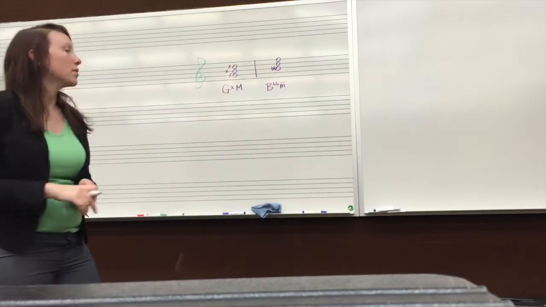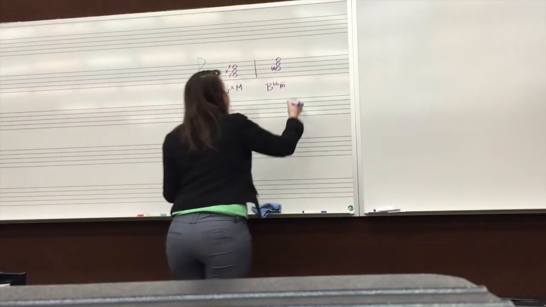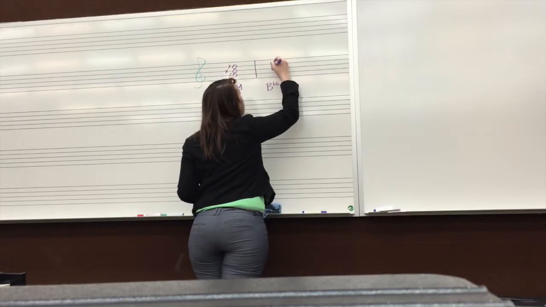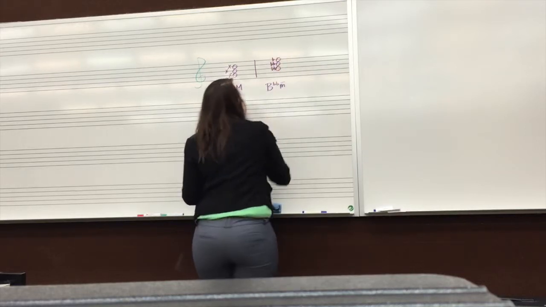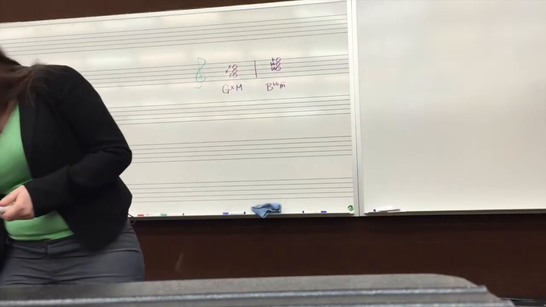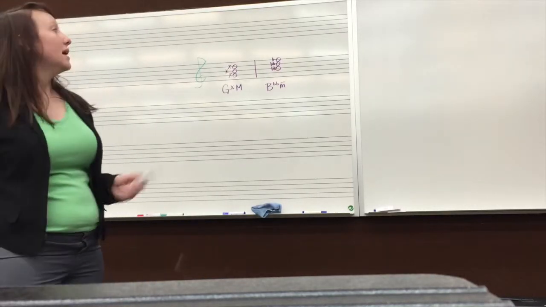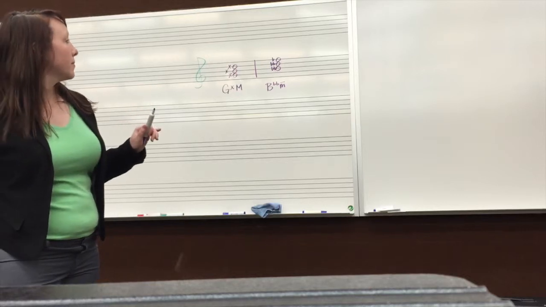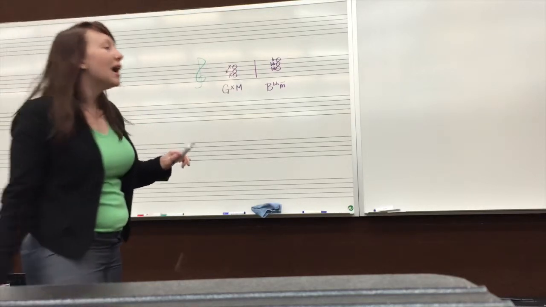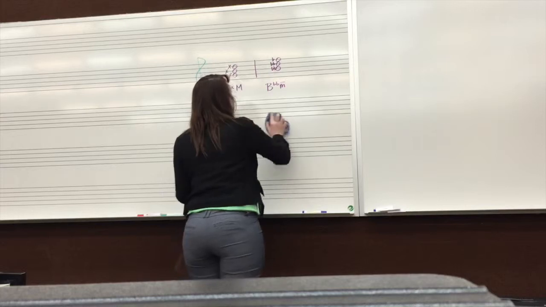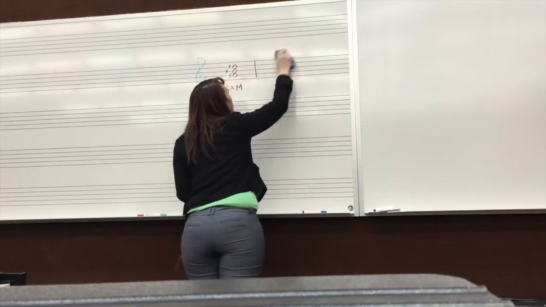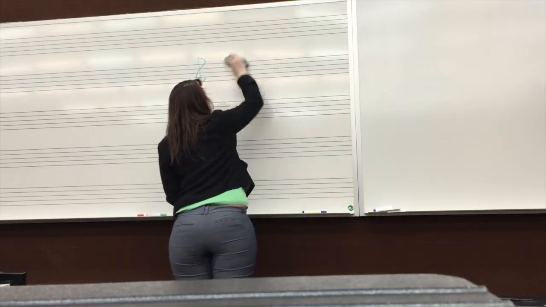By double flatting the D and single flatting the F. Right. We have B double flat, D double flat, and F flat. Good. I know those are a little more challenging, but I think that you will get the patterns the more that we talk about them.